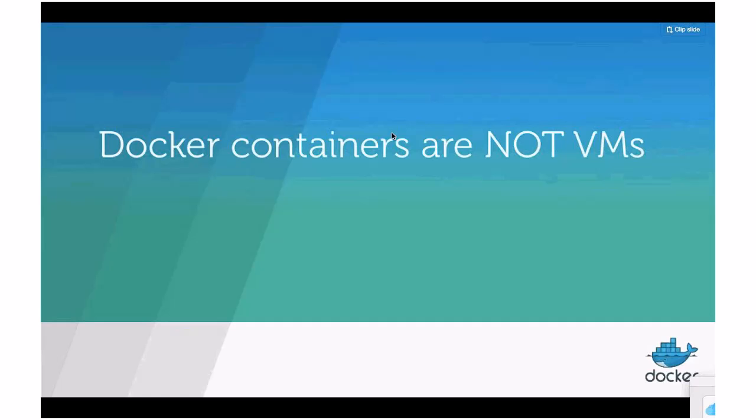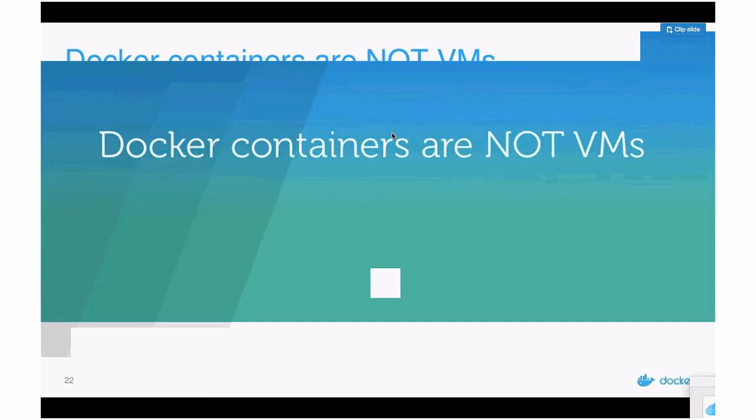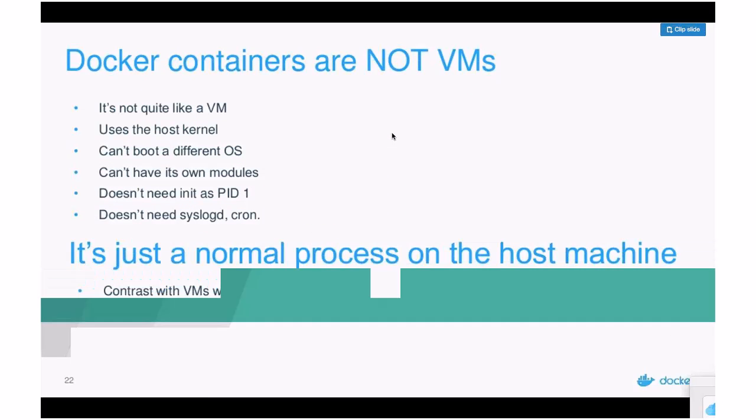The next slide is really important. For those coming from the virtualization world, Docker containers might look very much like VMs. But Docker containers are not VMs, and let me show you detailed information regarding this.